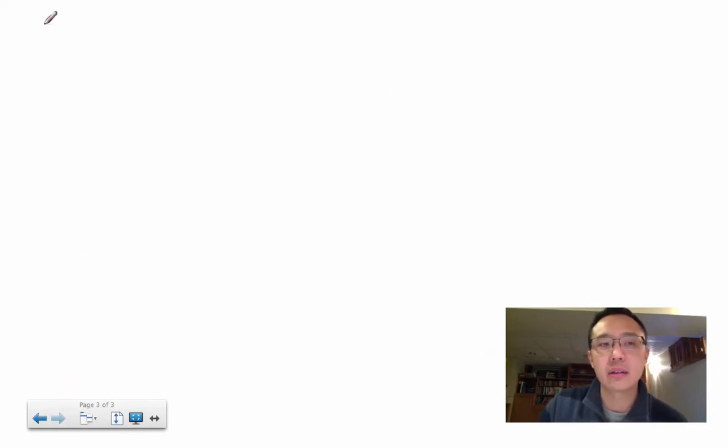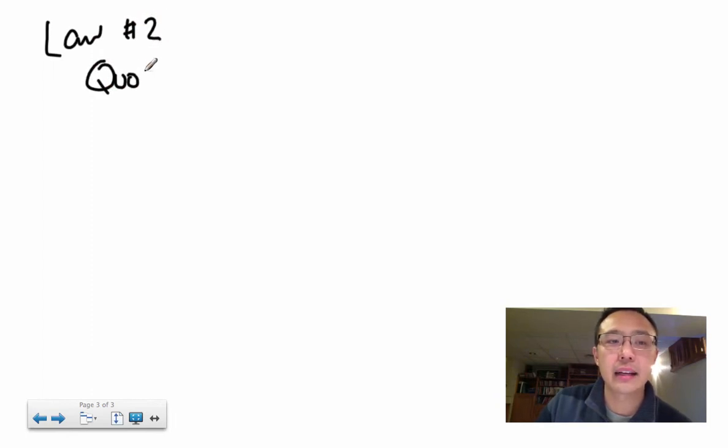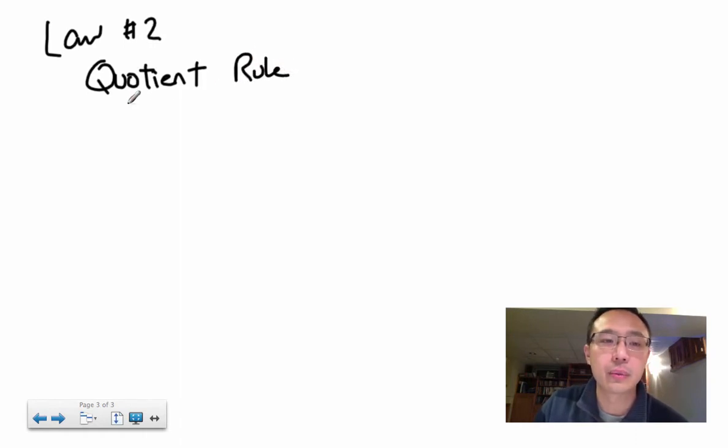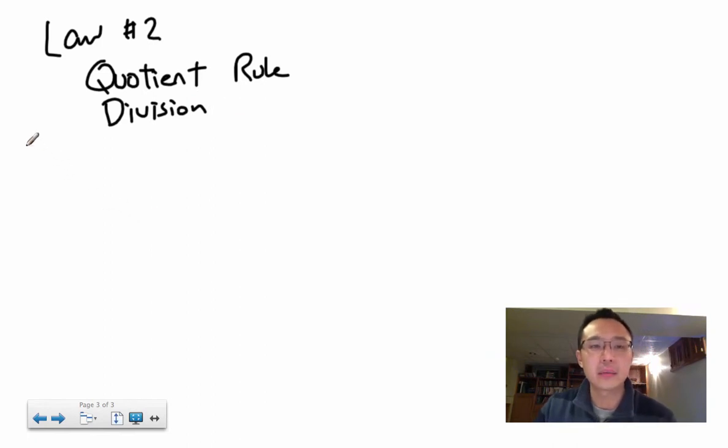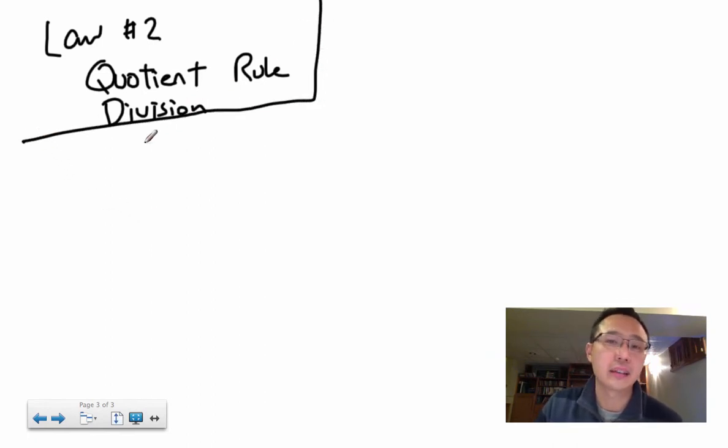So the next law that we have is your law number 2, which is your quotient. This sort of goes hand in hand with your multiply law, because this quotient rule, which is just another word for division, is similar to multiplying, except instead of adding, you subtract.